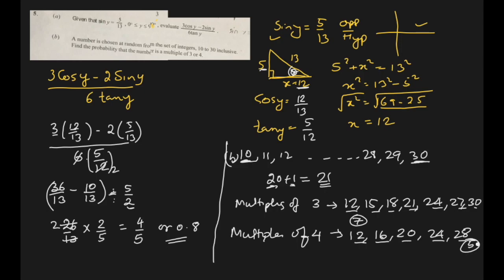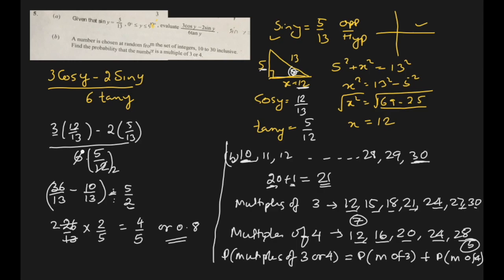The question is, find the probability that the number is a multiple of 3 or 4. Whenever we say or, we add the probabilities. So the probability of multiples of 3 or 4 will be the probability of a multiple of 3 plus the probability of a multiple of 4.